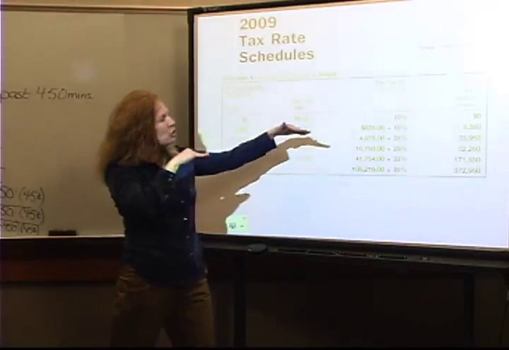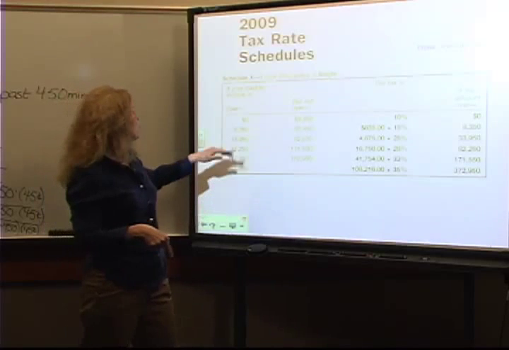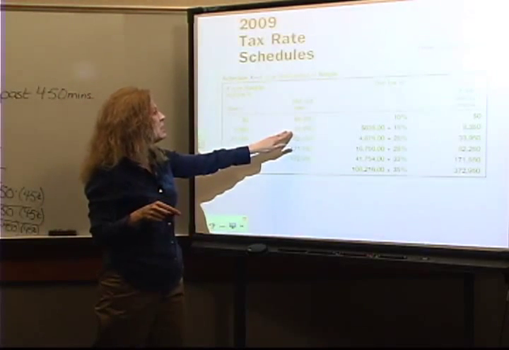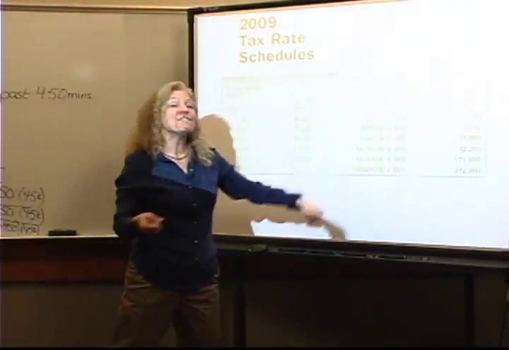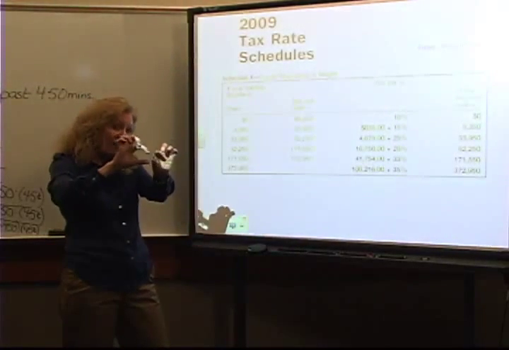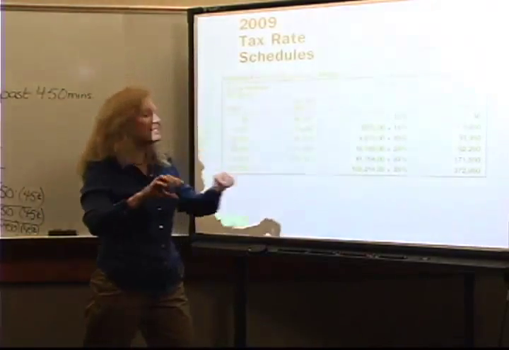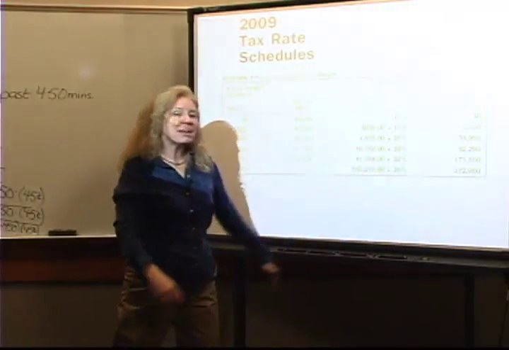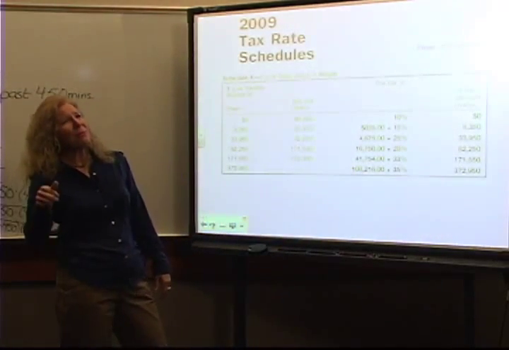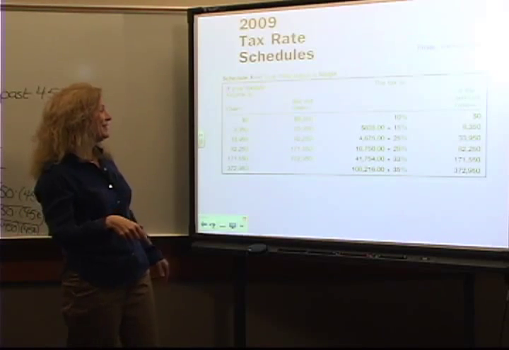And so for the lower part of your income, you're paying 10%. Then once your taxable income gets up above that $8,350, you're going to pay 15% of that part. And then you're going to pay 25% of the next little section, and then keeps going up. For those who are way up there, maybe after you get your college degree, that'll be you.